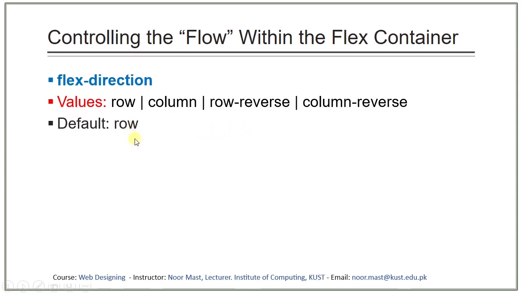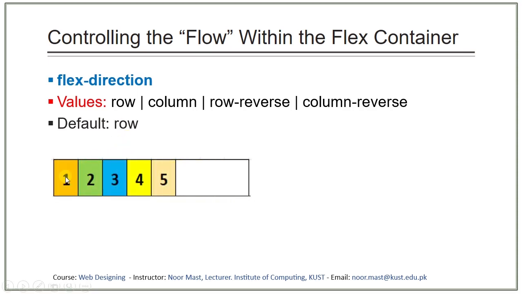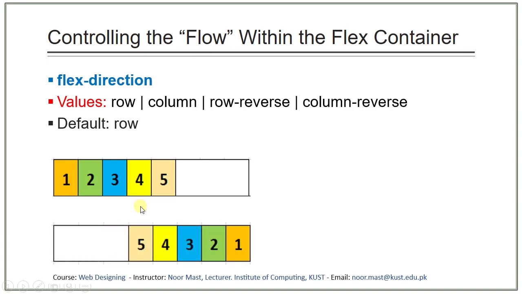If we set the value of the direction property to row, then the items will appear like this one, from left to right, while if you set the value of the flex-direction property to row-reverse, then they will appear like this.